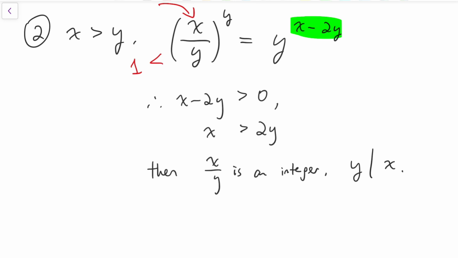Now at this point, to make the equation look easier, to avoid using fractions, I'm going to let x equal ky, some constant multiplied by y. And this constant is an integer.